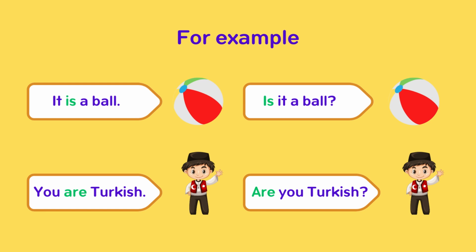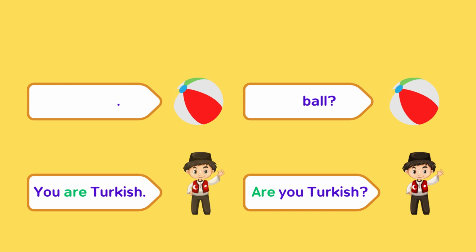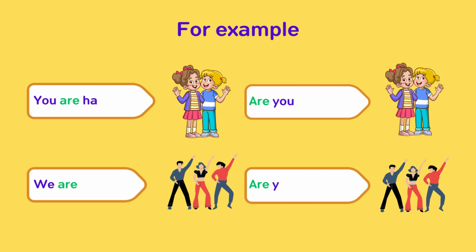You are Turkish. So I'll bring my be verb at the beginning. Are you Turkish? You are happy. Are you happy? We are dancers.